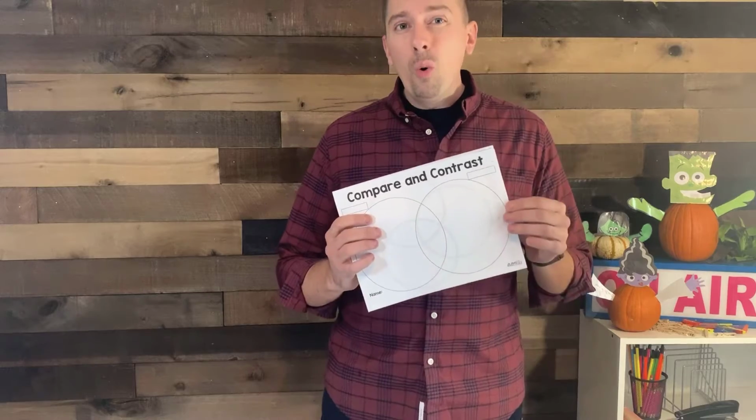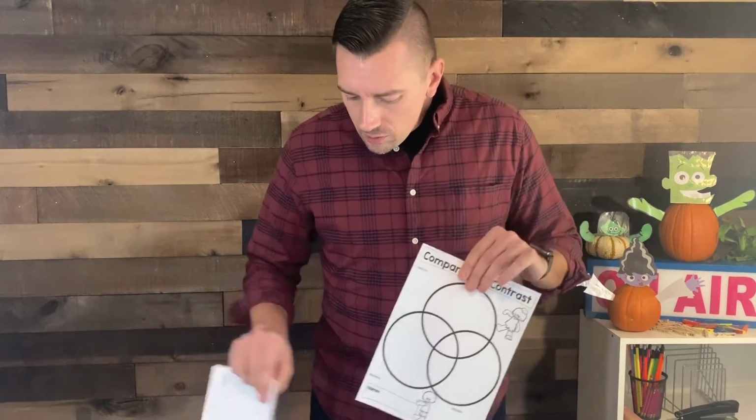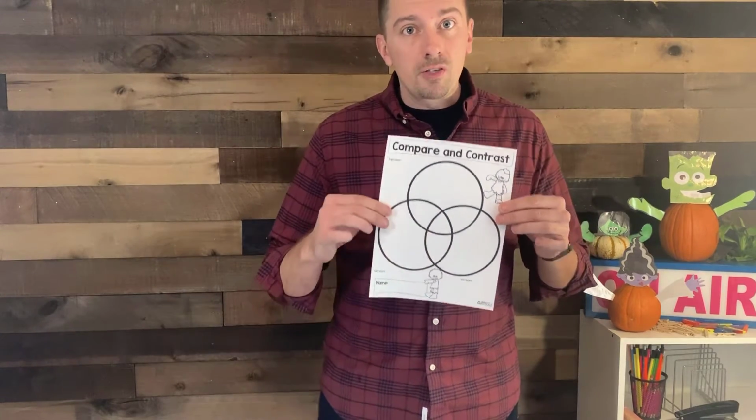Then they can do the Venn diagram that's connected to this, or if you teach older kids, maybe 3rd, 4th, 5th grade, I did include the triple Venn diagram, so you can compare a few different versions of the story, right? That's just one of the activities included inside of this pack.